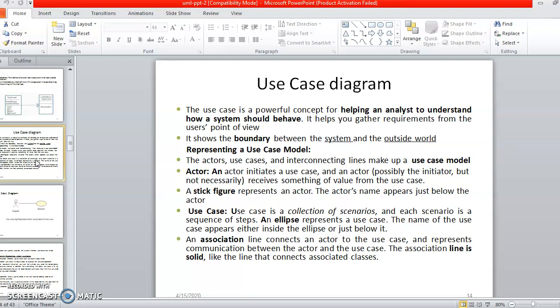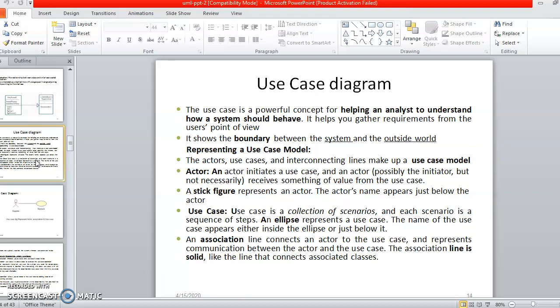The actors, use cases and interacting connection lines make up a use case model. An actor initiates a use case and an actor receives something of value from the use case. A stick figure represents an actor. An actor's name appears just below the actor.